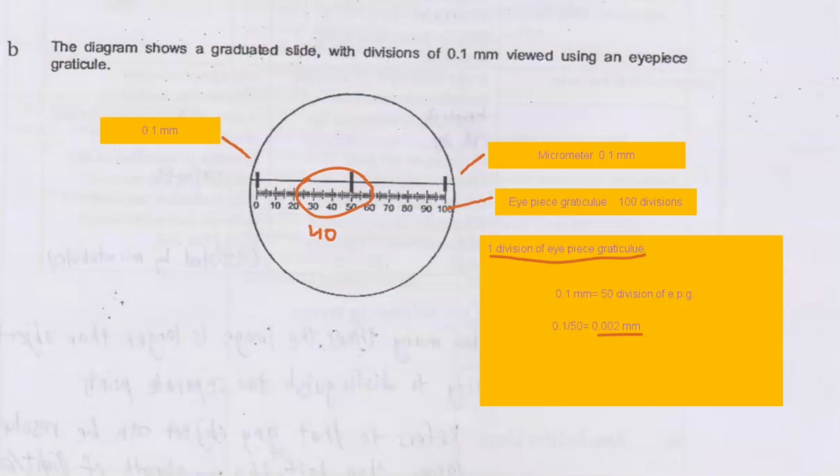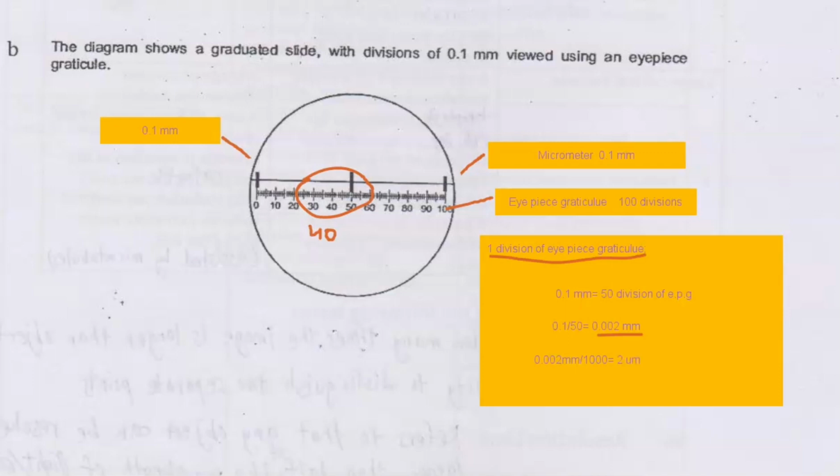So what is the third step? We have to multiply 0.002 mm by 40. Or we can convert 0.002 mm into micrometers and then multiply. To convert it to micrometers, we multiply by 1000, so it will be 2 micrometers.